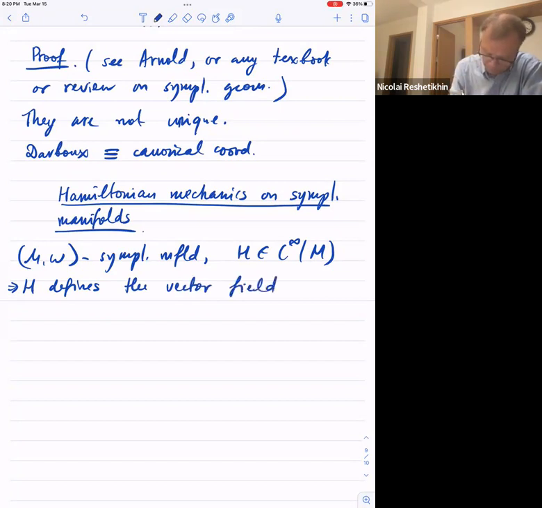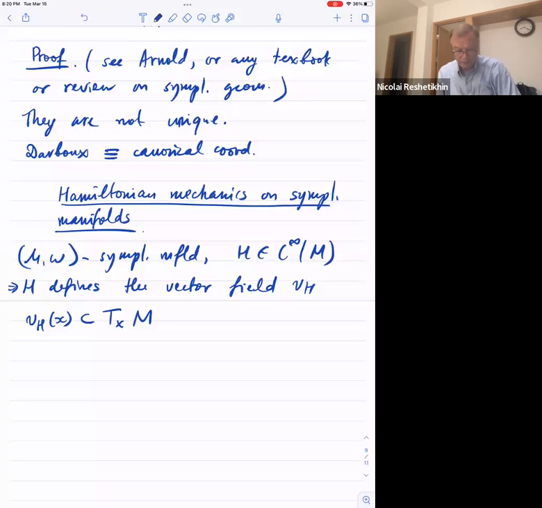So what is the vector field? A vector field attaches to every point x a tangent vector to M. And it does it in the following way.